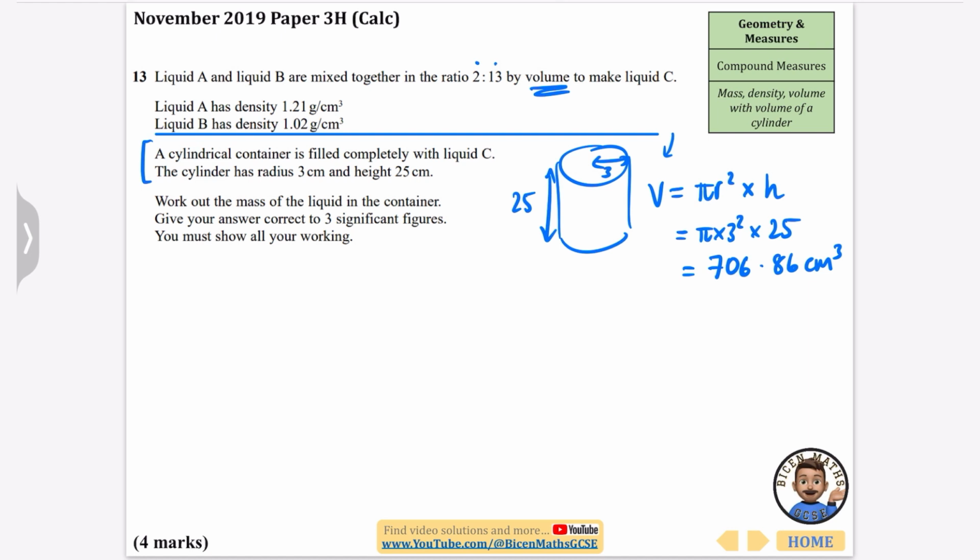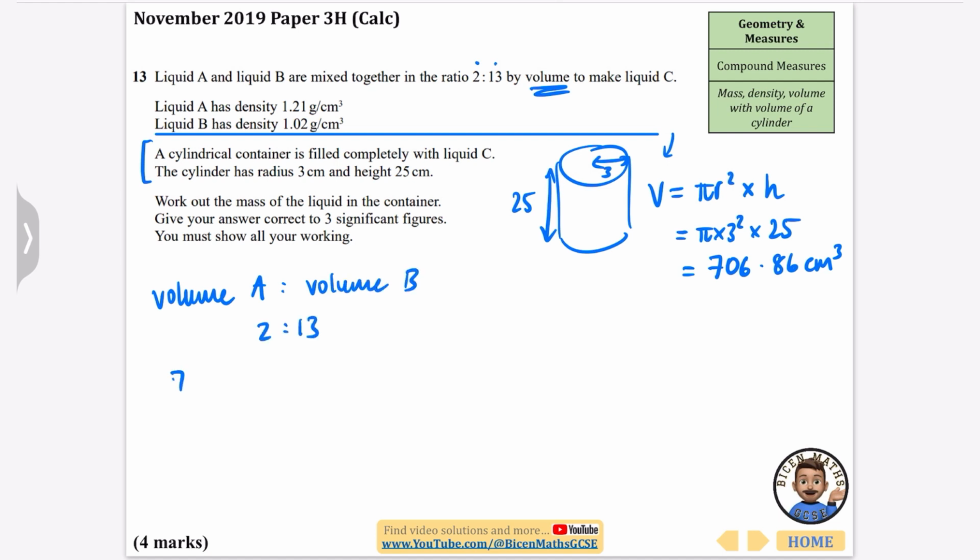And it says that they are going to be mixed by this volume to make liquid C. So of this volume, we want two of the parts to be from liquid A and 13 of the parts to be from liquid B. So let's find out how much there is going to be of the volume of A and B. The volume of A to the volume of B is 2 to 13.